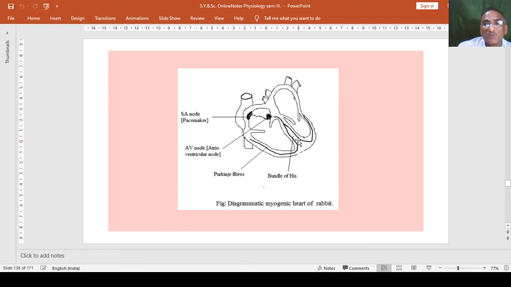Then the bundle of His between the two ventricles, and these all regulate the heart as a myogenic heart, which is present in the rabbit, particularly in mammals. This kind of heart is well observed and studied in mammals only.